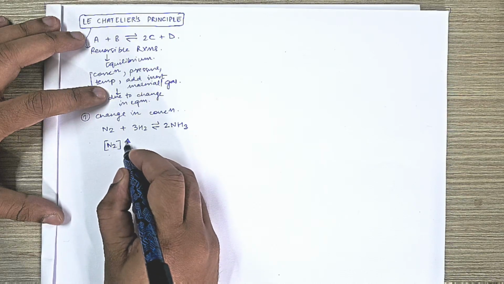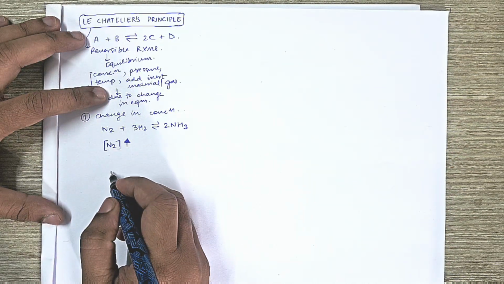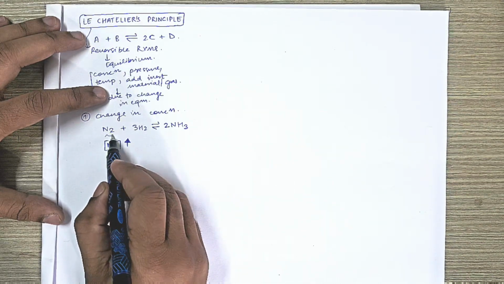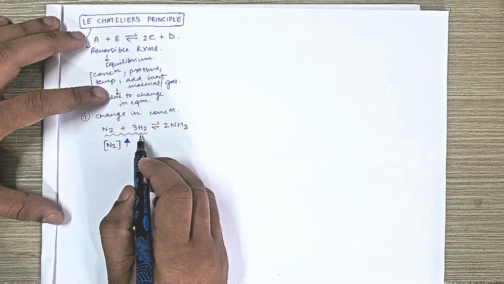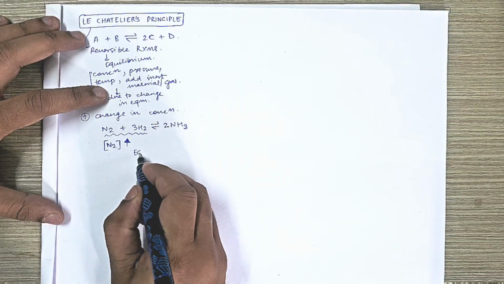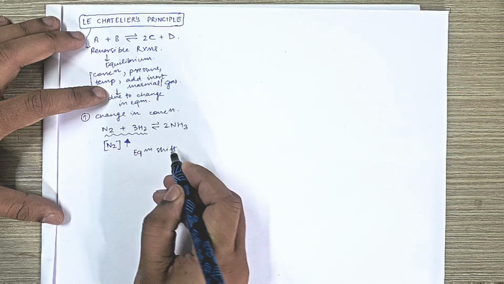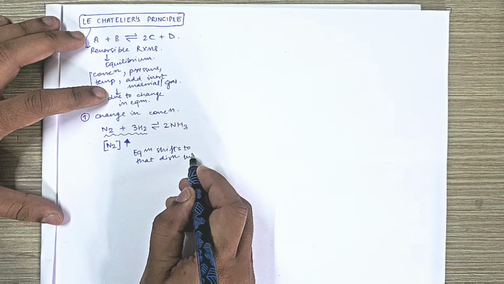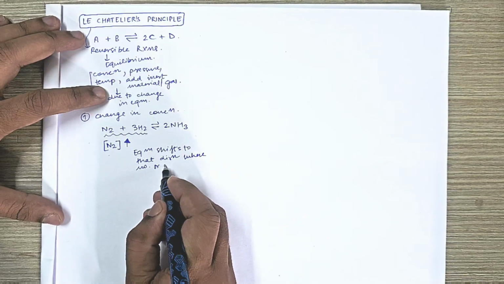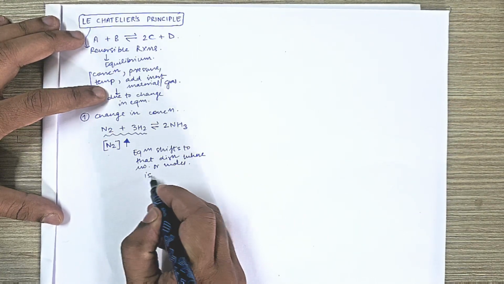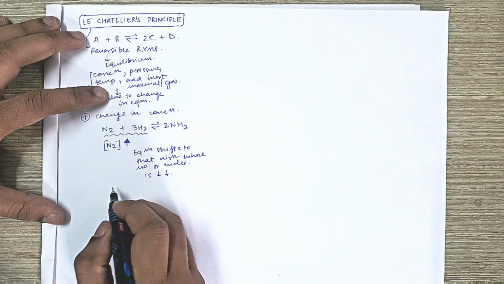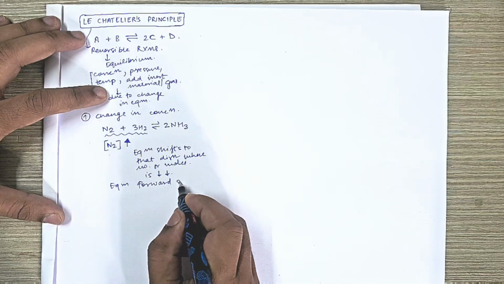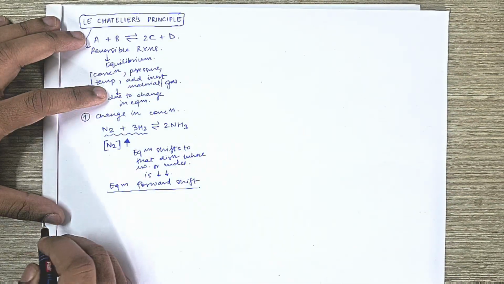Due to the increase, the number of moles on the left hand side increases and the tendency of the forward reaction increases. So the equilibrium shifts to that direction where the number of moles is less, right? So here the equilibrium shifts forward.